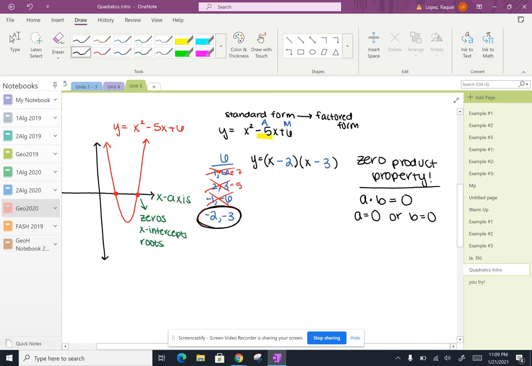One of those numbers has to be 0. So to apply the zero product property to our factored form, what we do is we just take each quantity and we set it equal to 0 and we solve.